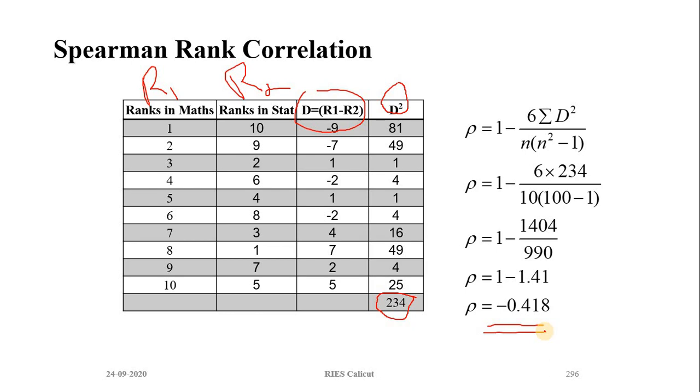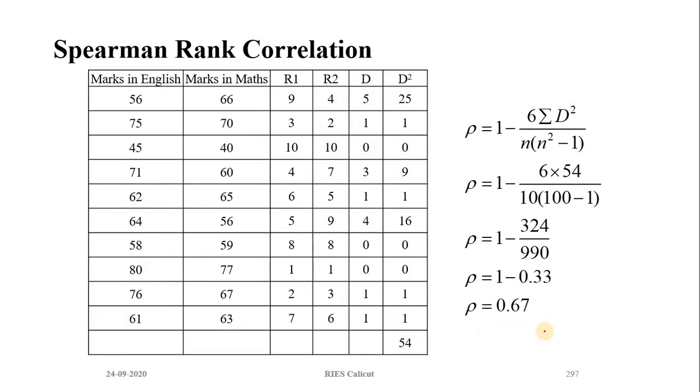In such situations we cannot apply the Karl-Pearson coefficient of correlation, because it is aimed at finding the correlation between two variables that are either ratio scale or interval scale variables.